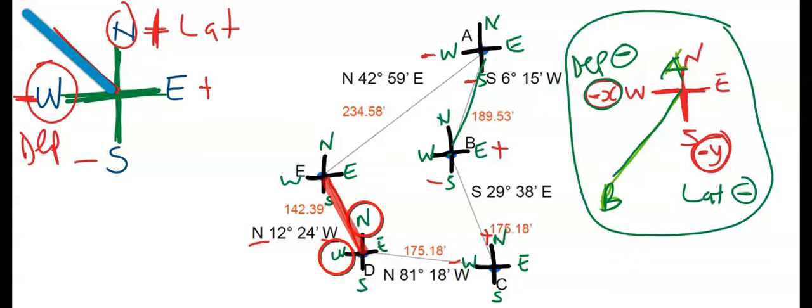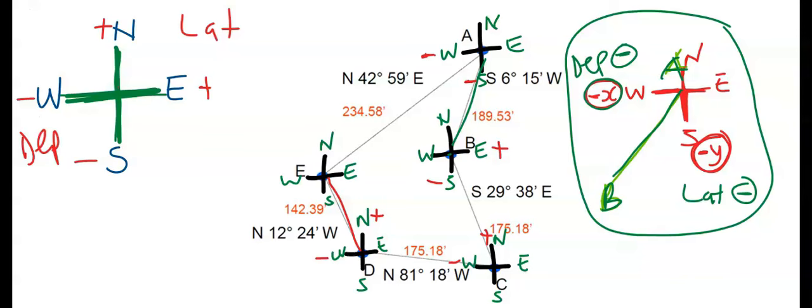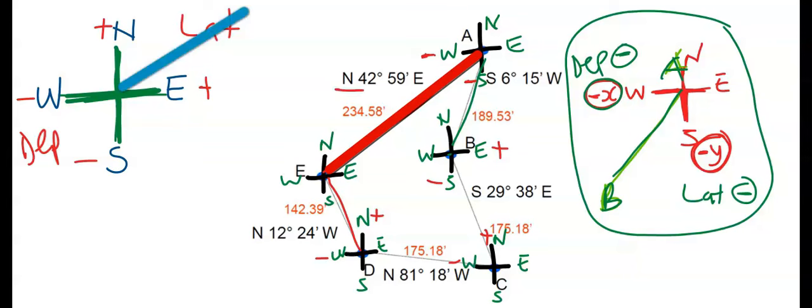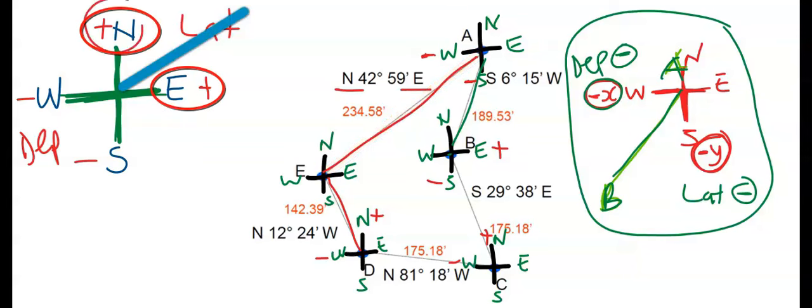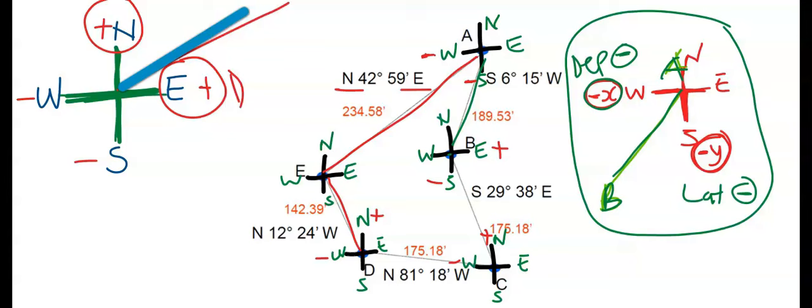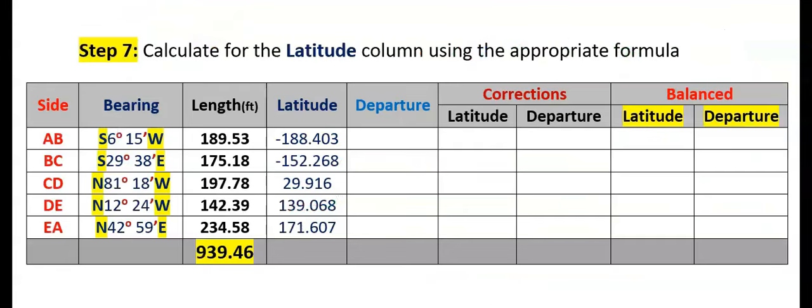So here we're going to have this positive and this negative. Next, consider E to A. E to A is northeast. This is north and this is east, so it's going to be drawn here. The departure is going to be positive and the latitude will also be positive.